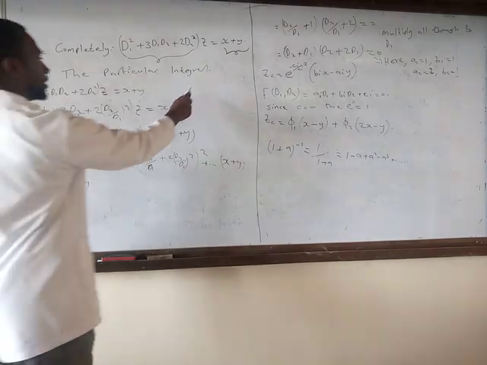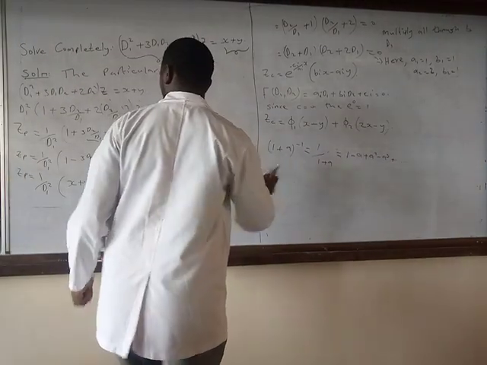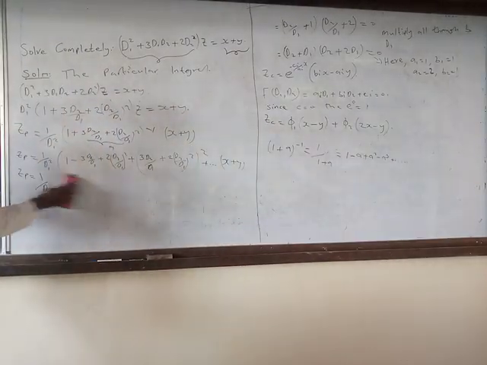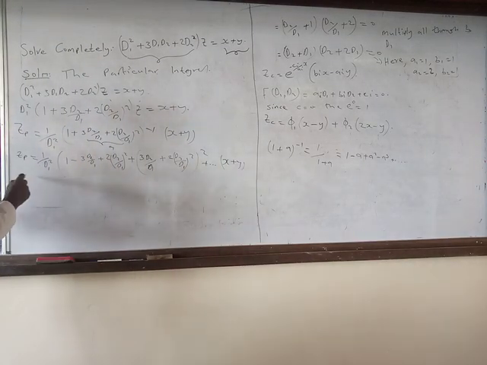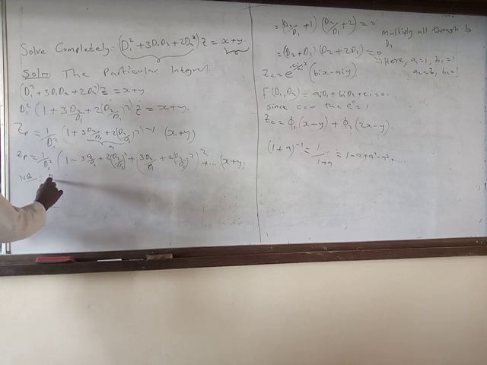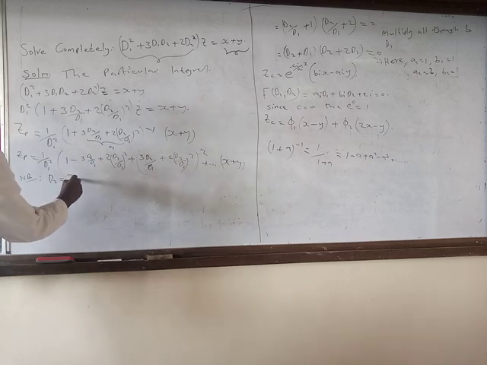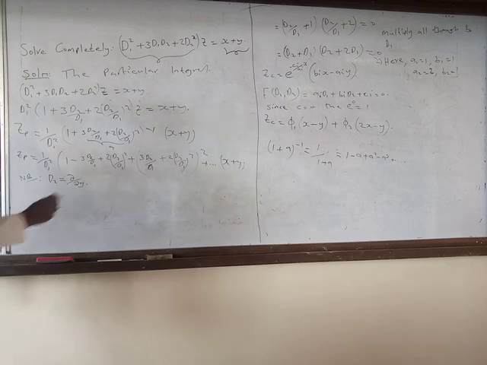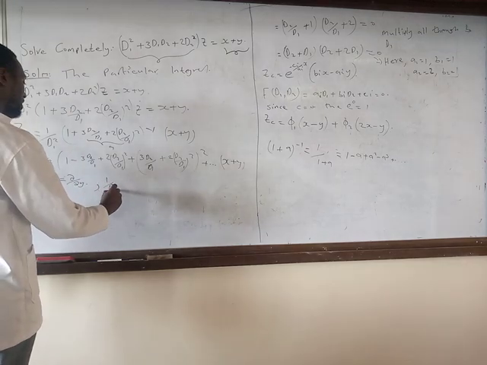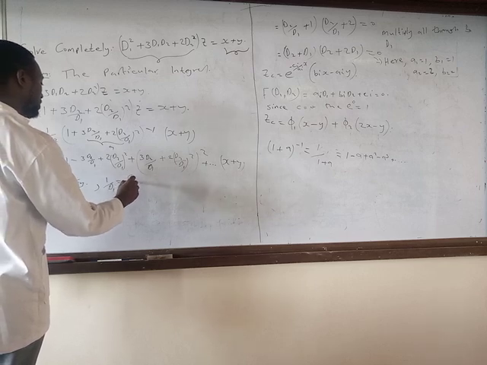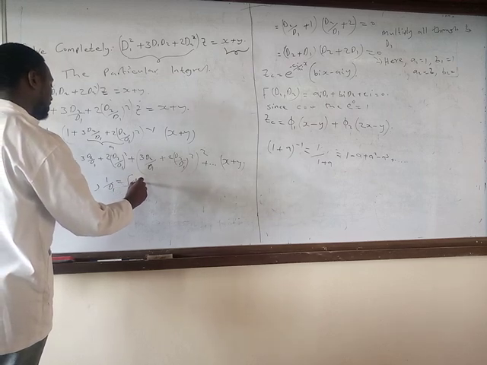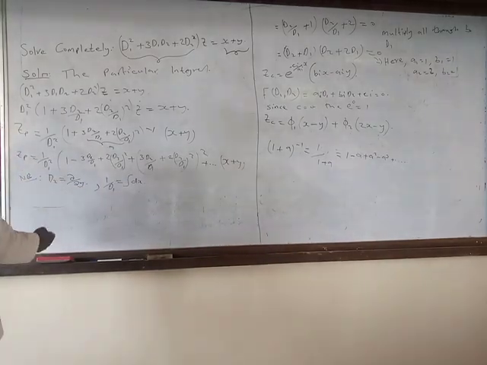And recall, D2 is the same as saying partial derivative with respect to y, and 1 over D1 is just saying the integral with respect to x, dx.